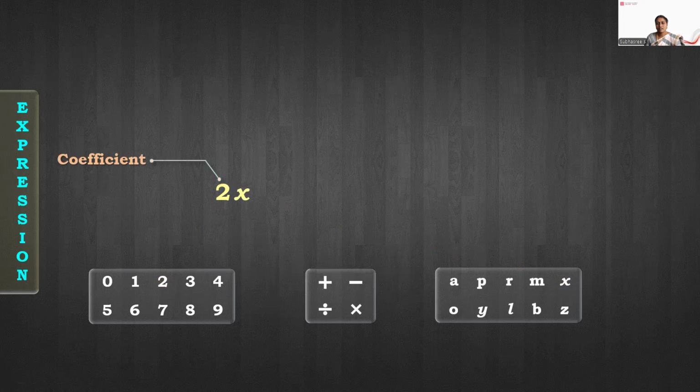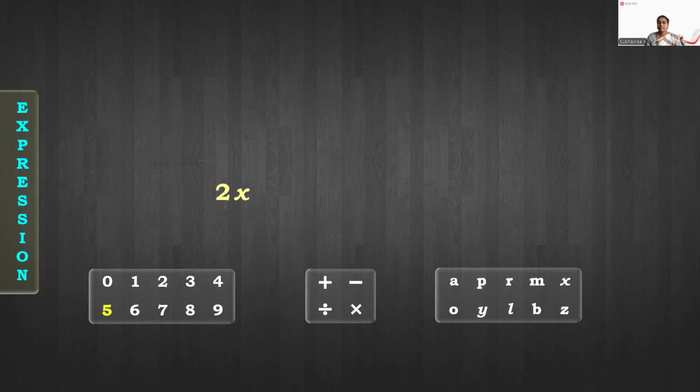Here in this visualization, you are seeing only 2x. If it is in the middle of the equation, you have to write it with the sign assigned inside the equation. This x is called the variable. Already I told you why it is called a variable: because it varies. Wherever it is placed inside the equation, it varies. That is called a variable.